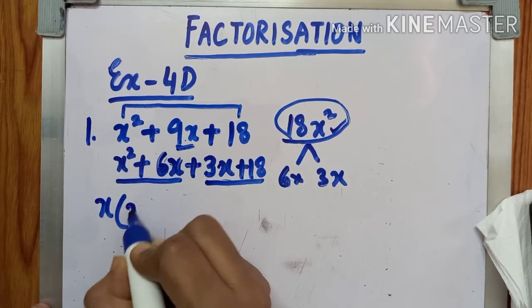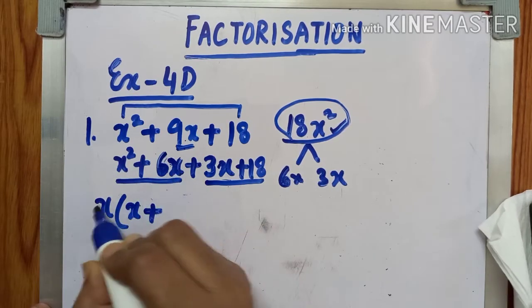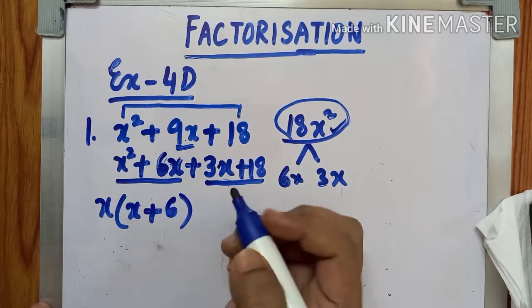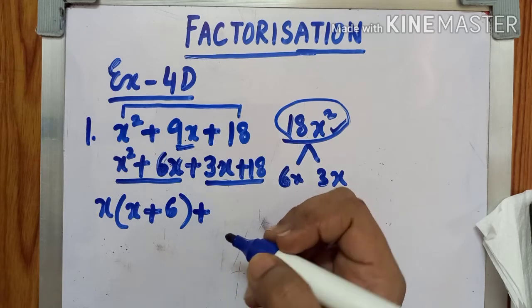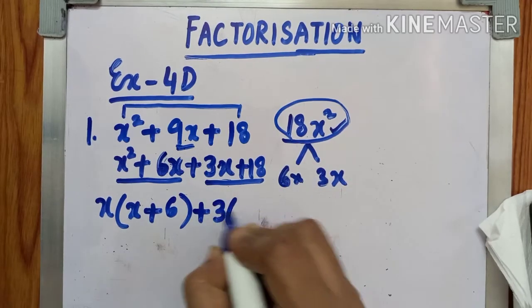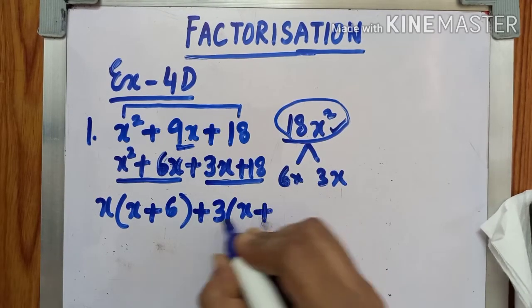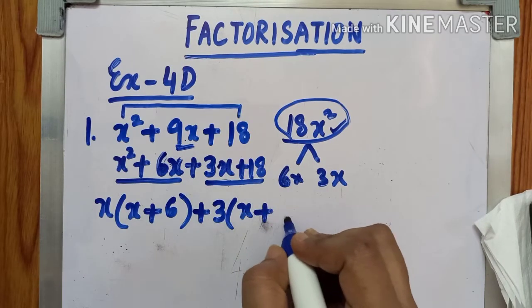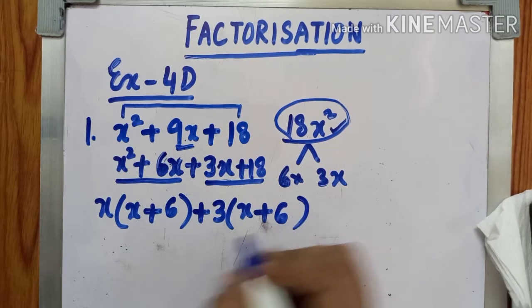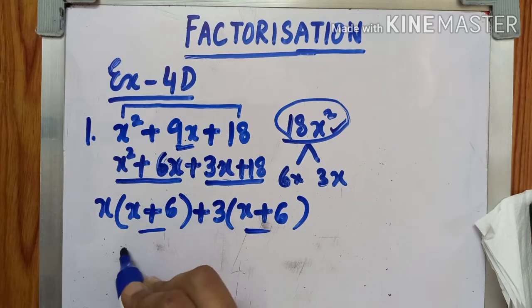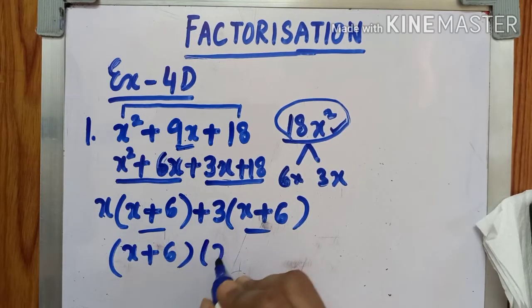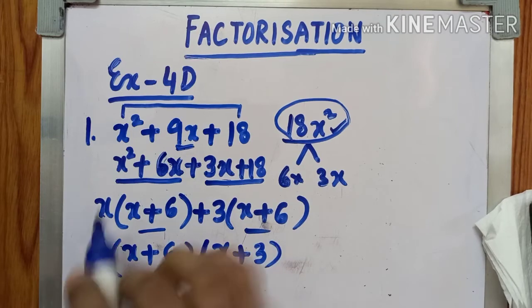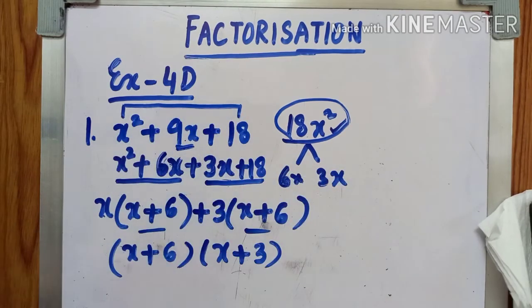After taking x, x will remain, plus 6 will remain. Then in 3x plus 18, 3 is common, so x remains inside the bracket, plus 3 into 6 is 18. Now x plus 6 is common, so you write that, and what remains is x plus 3. So these are the factors of x square plus 9x plus 18.